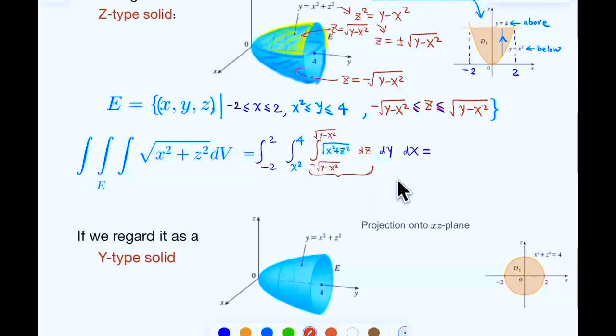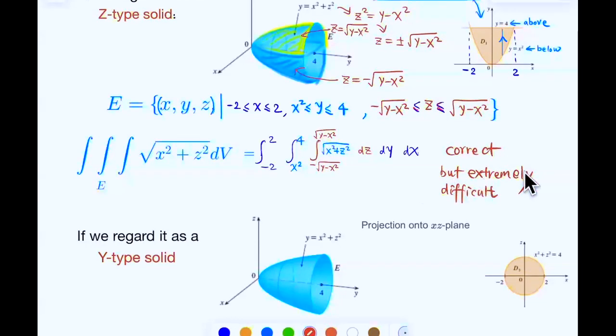So, well, it is correct, right? Yeah. It is correct. However, it's extremely difficult to evaluate. So we're not going to do this one.